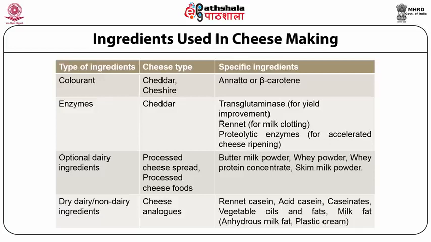And the last ingredient we discuss is dry dairy or non-dairy ingredients, which are highly used in the manufacture of cheese analogues. Cheese analogues are cheeses which try to mimic the original cheese variety intended to be mimicked, but are made usually using dry ingredients, even vegetable oils, maybe vegetable protein sources, and finally made into cheese which will have the same functionalities as that which we are trying to mimic.